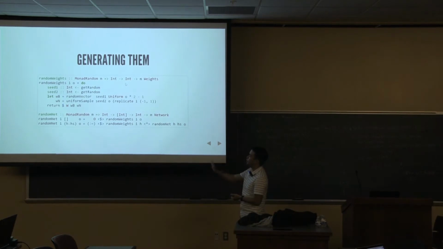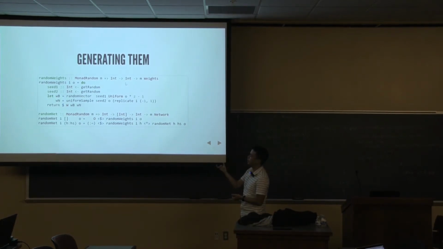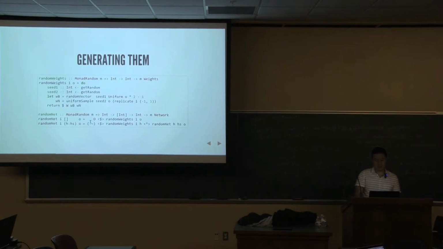So you give the input layer size, the hidden layer sizes, and the output layer size. If you want to generate a net with no hidden layers, it's just one layer, the output layer. If you want to generate a net with hidden layers, you generate a random layer, generate a random network with the rest of the network, and just cons them together.